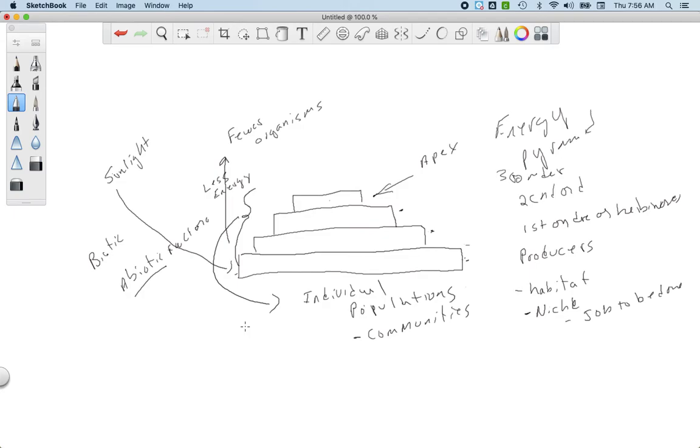As a whole, the soil is considered abiotic. The amount of water that the grasshoppers, the sparrows, and the hawk need would also be an abiotic factor. It's necessary for life, but it's not a living part of the thing. Whereas the sparrows and the hawks would be biotic factors.